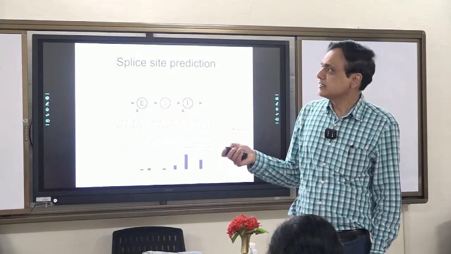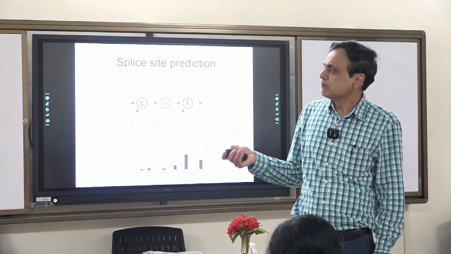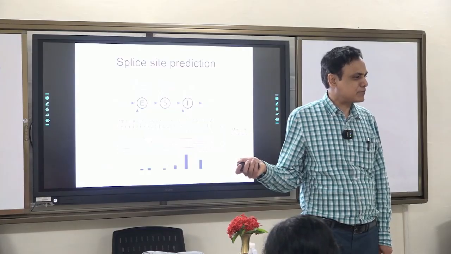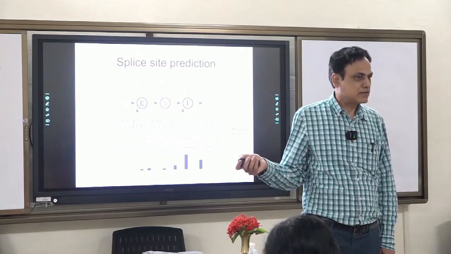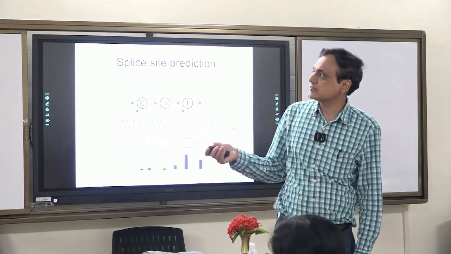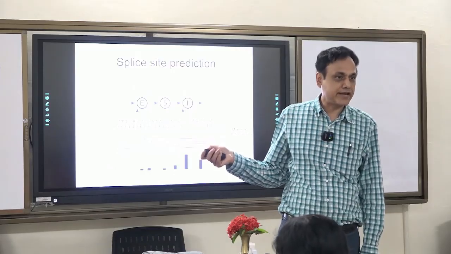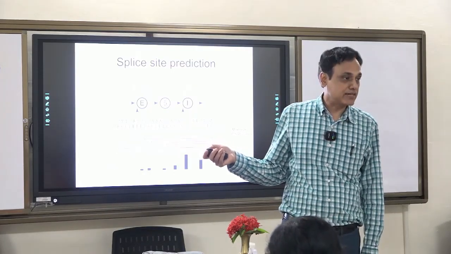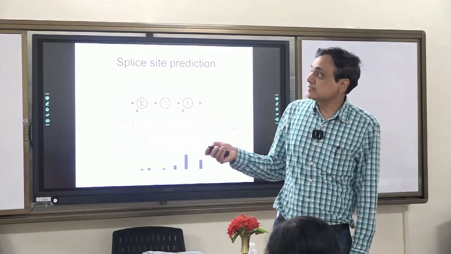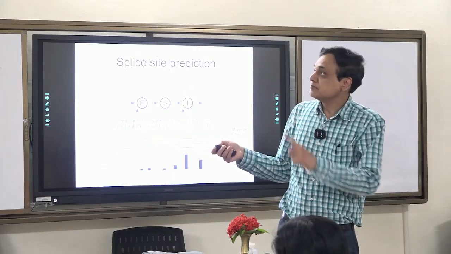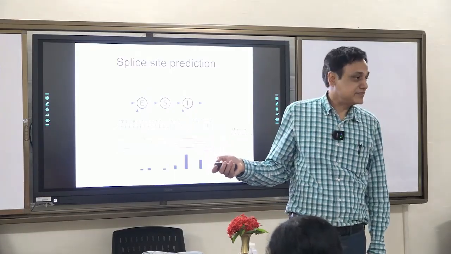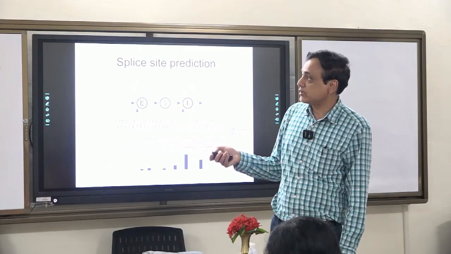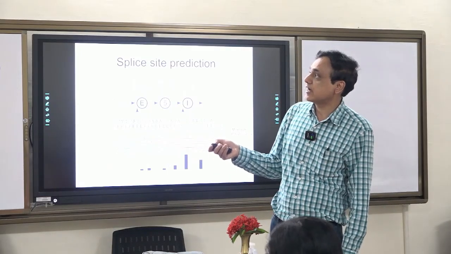If you look at these values, which nucleotide could be the 5' splice site? G, because G has 95% probability, and A has 5%. The splice site will not have C or T. Good. And then the probability distribution from the I state.